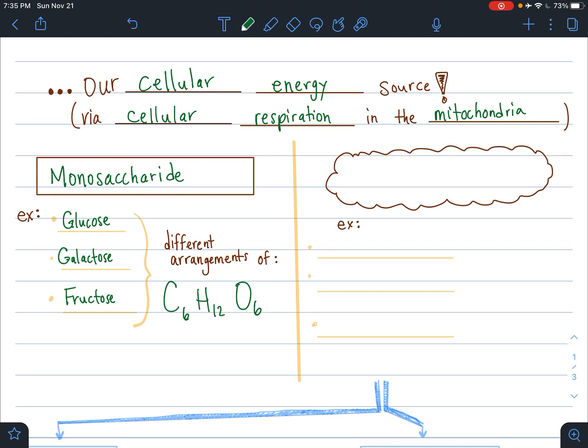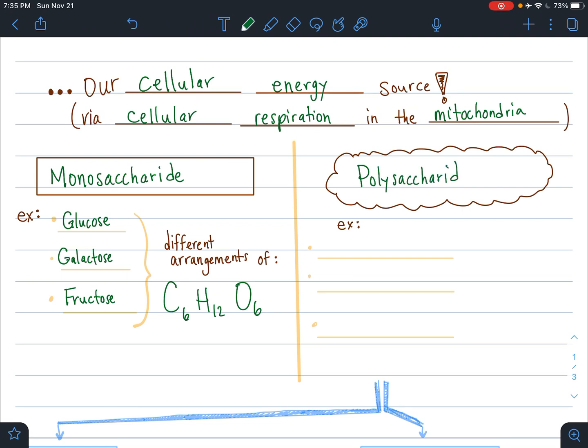The ones that are the most complex are not mono, which means one saccharide, but poly, which means many saccharides. So a polysaccharide would be another type of carbohydrate. Some examples here are something like amylose starch. If you've ever heard of a starch before, starches are carbohydrates, and they're specifically a polysaccharide.